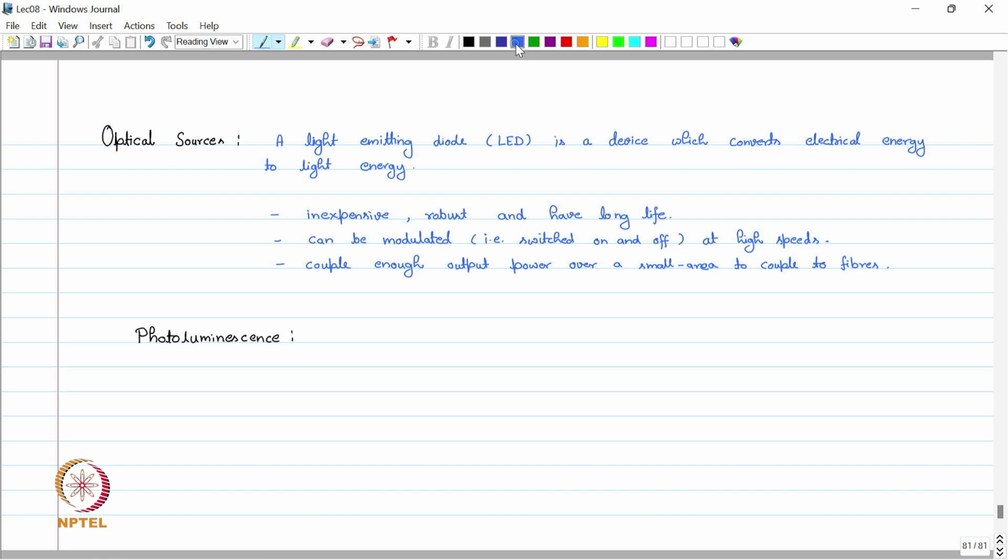In this, the excess electron hole pairs are created by photon absorption.